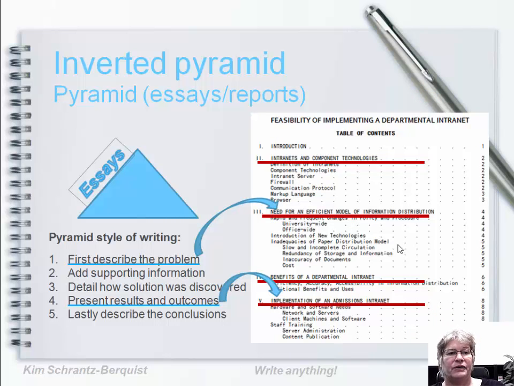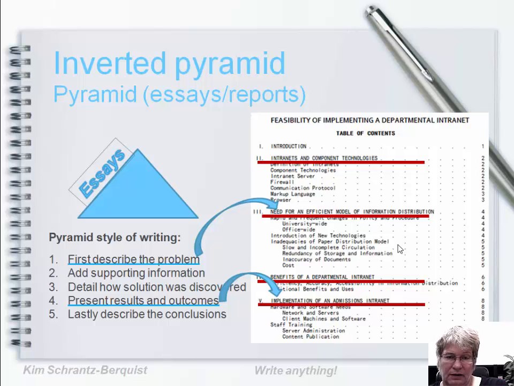So if we look at that in an essay, here's a table of contents of an essay. Well, we've got the need for an efficient model of information distribution. So this is implementing an intranet at a department. And then we have supporting information. And then lastly, we implement the admissions intranet.